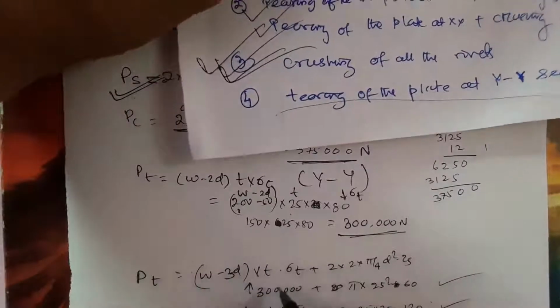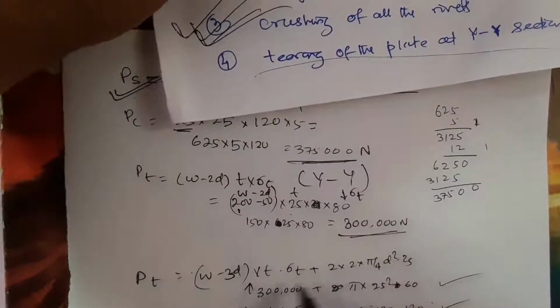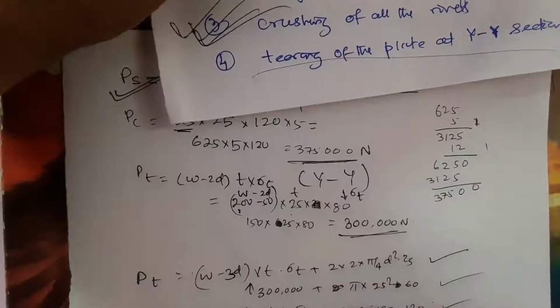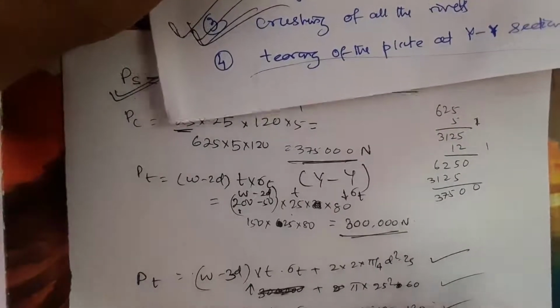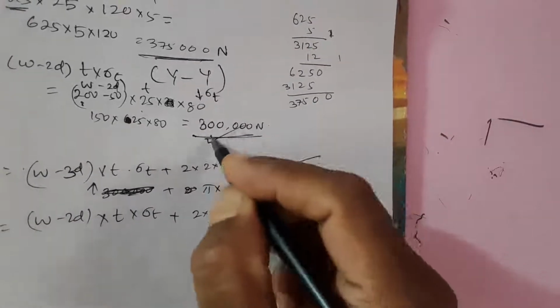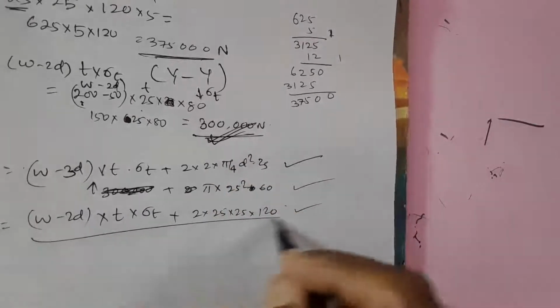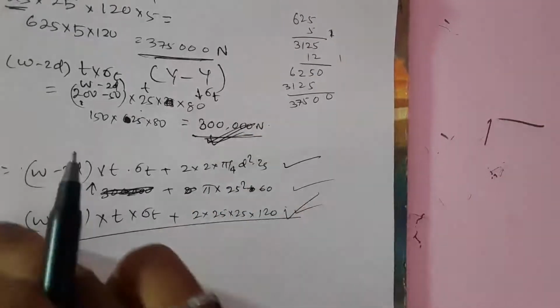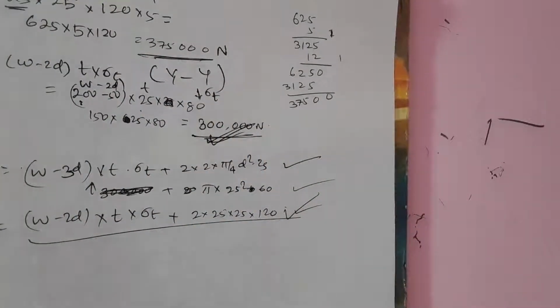So in this case we have to see W minus 3D into T plus this. If you calculate, it will come out much more than this, and this is also more than this. So out of 1, 2, 3, 4, 5, we see that the least one is this one.